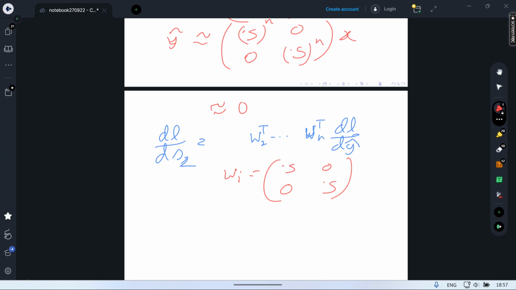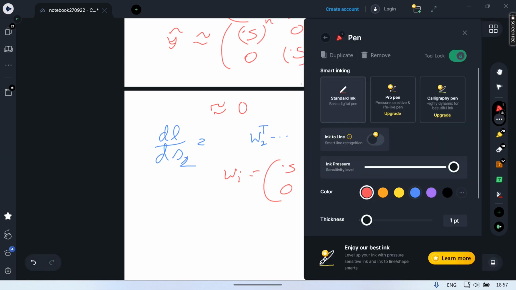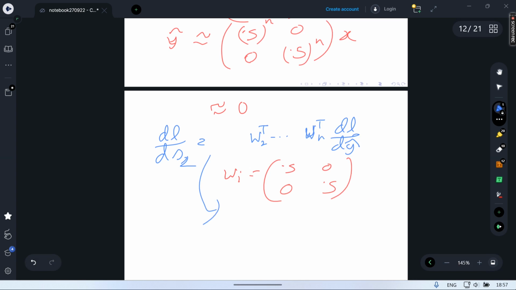As a result, your gradient will be 0.5 to the power n minus 1 multiplied by dL dy.